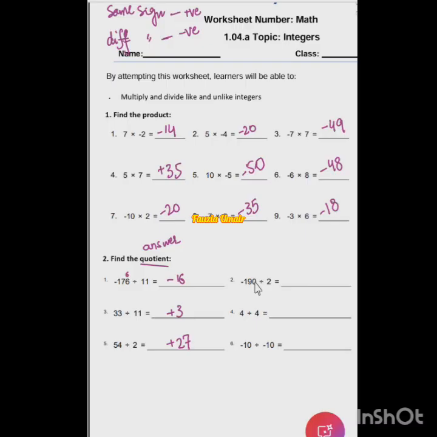Unlike sign, so minus 95. Very right. 4 divided by 4. 1. Okay? Minus 10 divided by minus 10. Ma'am, plus 1. Very good. Okay? So I hope there is no confusion.